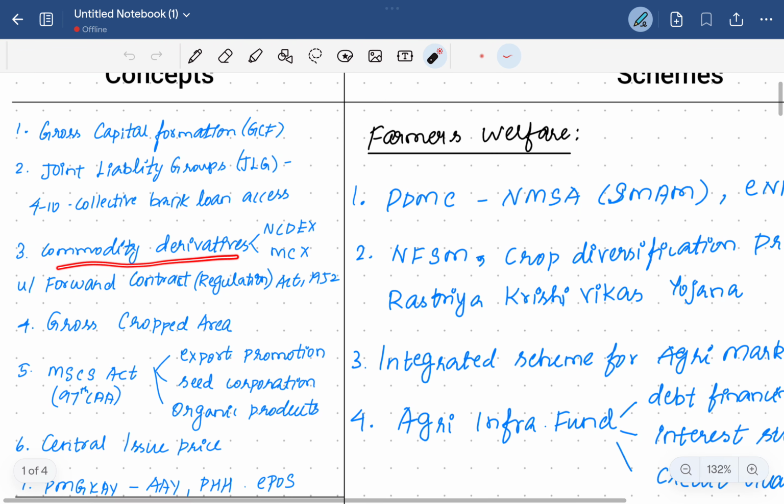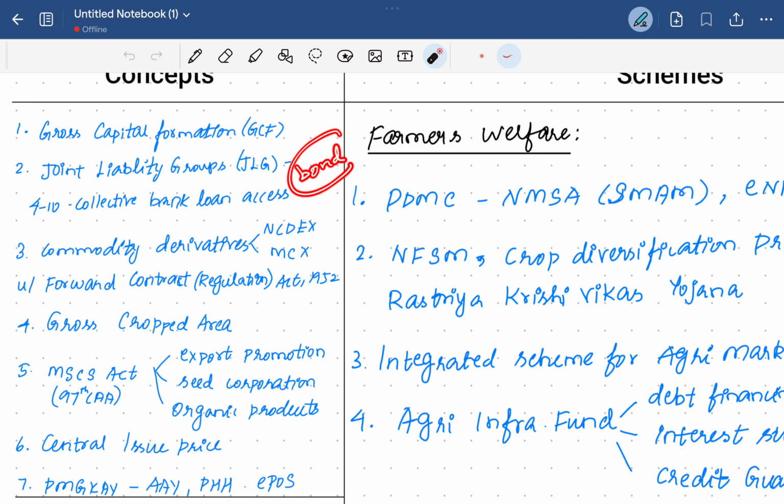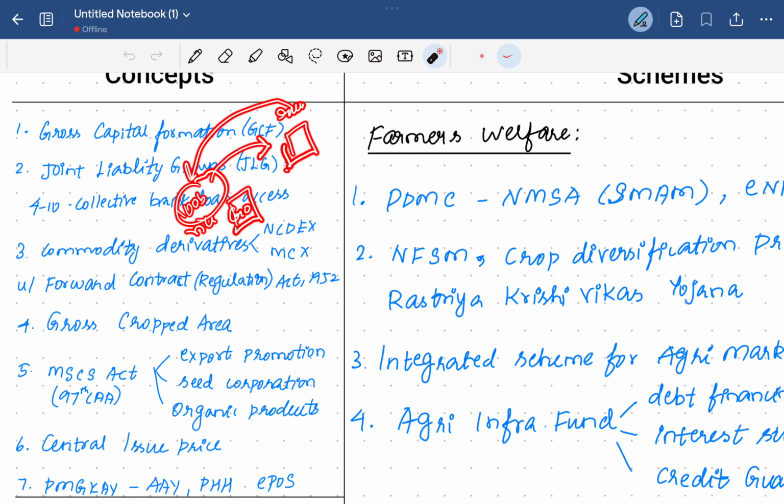Then the commodity derivatives, nothing but like a bond in the market. For example, you have a particular amount of goods, consider 100 bags of rice. You put it in the market and you get a receipt backed by this commodity.